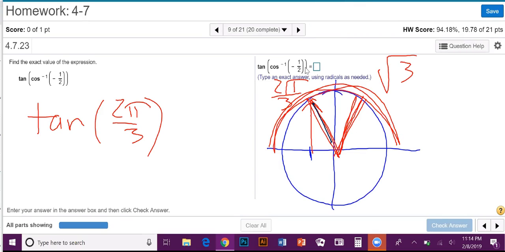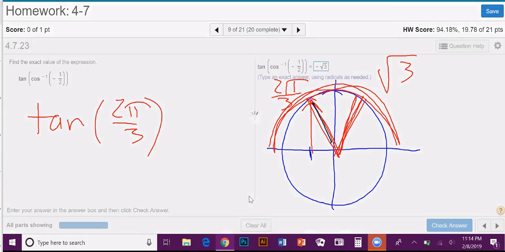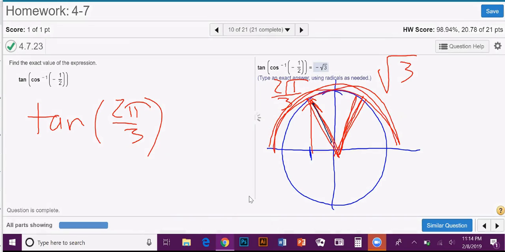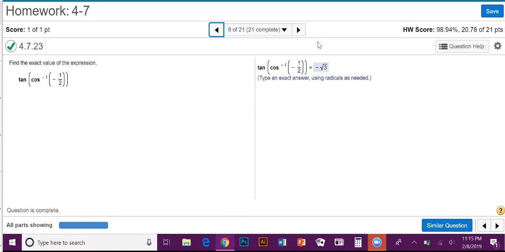It is negative radical 3. Nice. So I had the x value. That took me to the location, and then I had to answer the slope. So now you're all done.